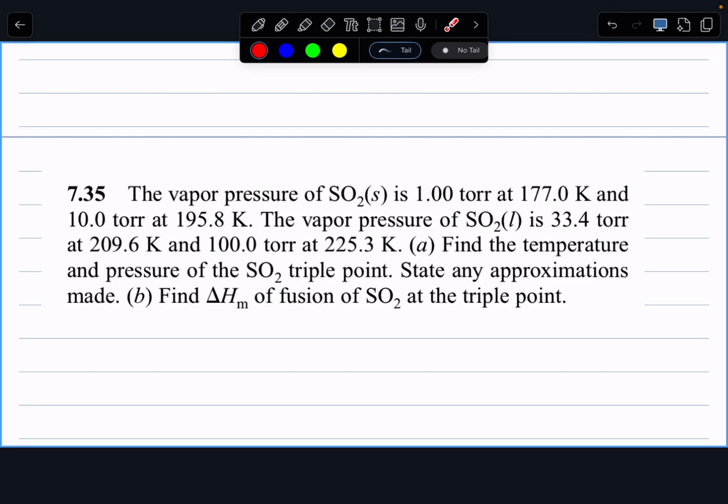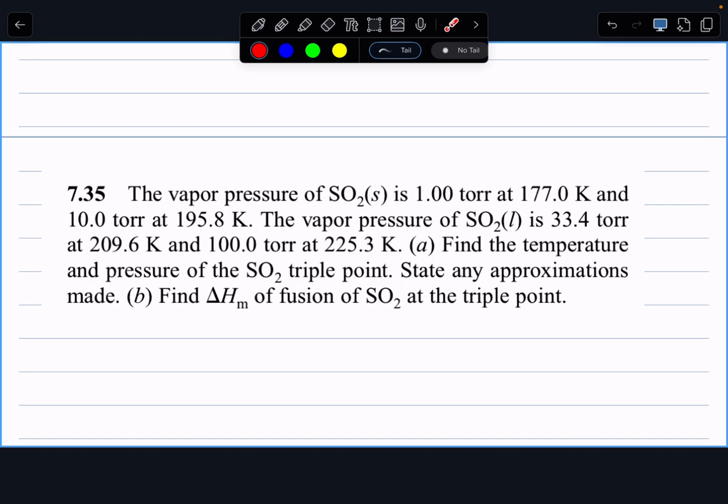And what are those 3 approximations? We're saying the Vm of gas is way larger than the Vm of solid or liquid. We have gases are ideal. We also have that delta Hm is constant along the equilibrium line when we're away from the critical temperature.